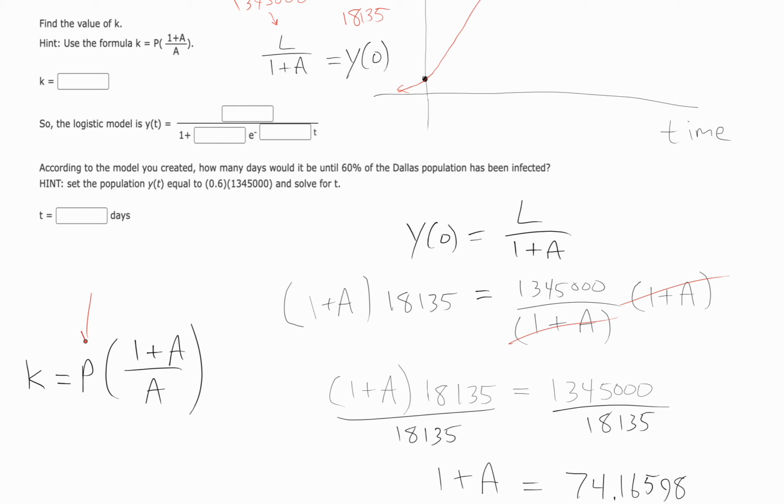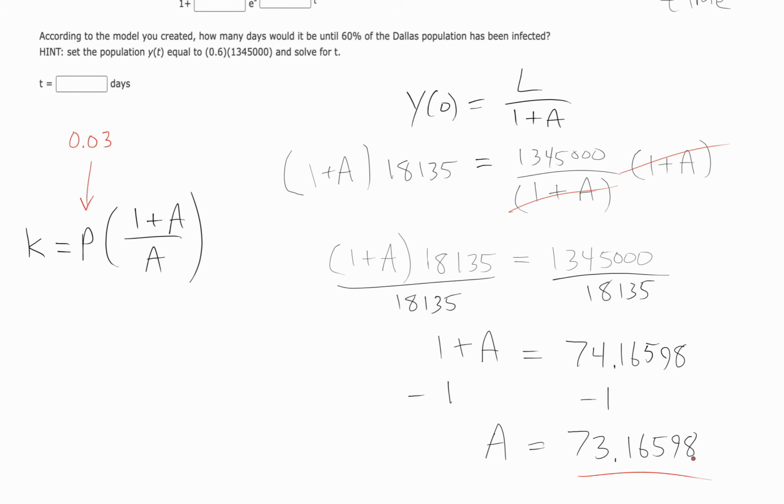And they had said that the cases were growing at 3% per year. So I'll use 0.03 for P. And now that I just solved for A being 73.16, I'll plug that in here. But it's got to go in here as well as down here.